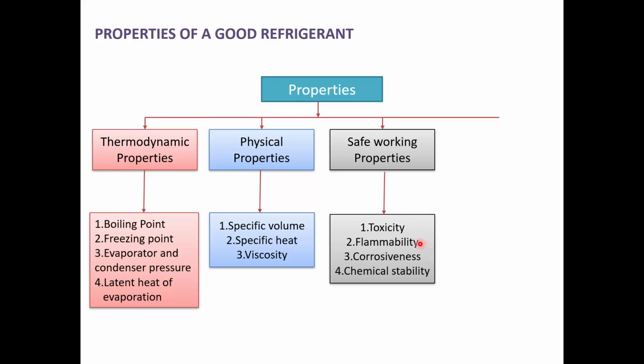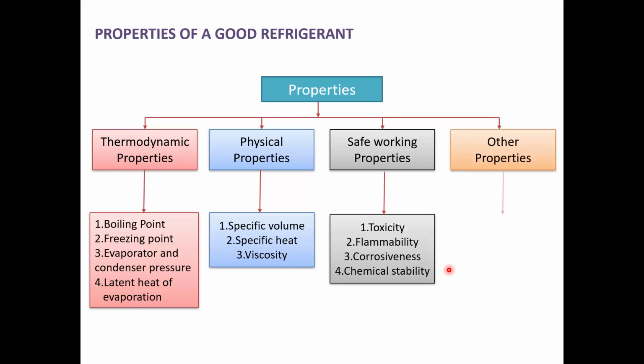A good refrigerant should be non-flammable. Third, a good refrigerant should be non-corrosive. It should not corrode the metal parts of the refrigerator. Fourth one, chemical stability. That means a refrigerant should not decompose under operating conditions.